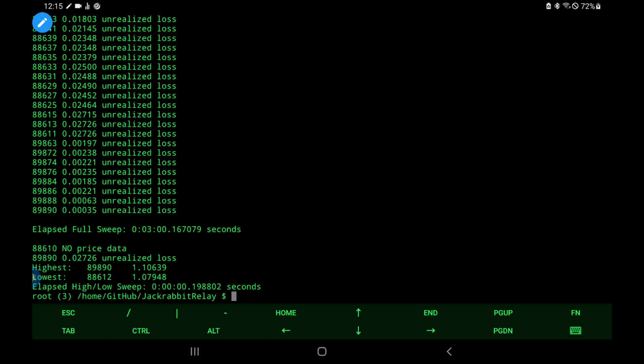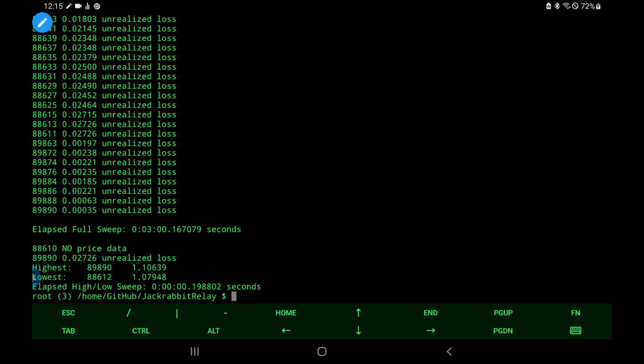It only took 0.19 seconds, so roughly 19 milliseconds, to make the same determination that the full sweep system took in 3 minutes.